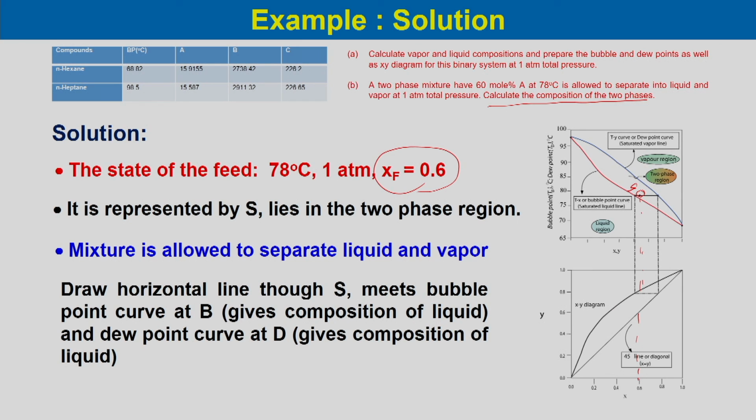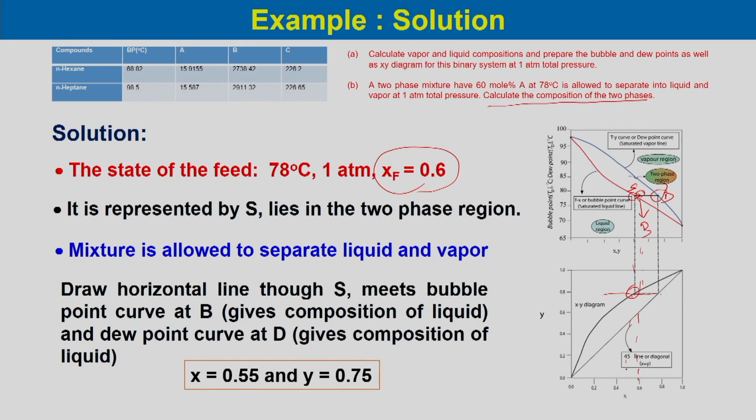Now, draw a horizontal line through S and it will meet the bubble point curve at B, which is the point over here, and it will also meet the dew point curve at D. From this you just come down vertically to the 45 degree diagonal and then go horizontally, and then from point B draw a vertical line and it will meet at a certain point on the equilibrium line.